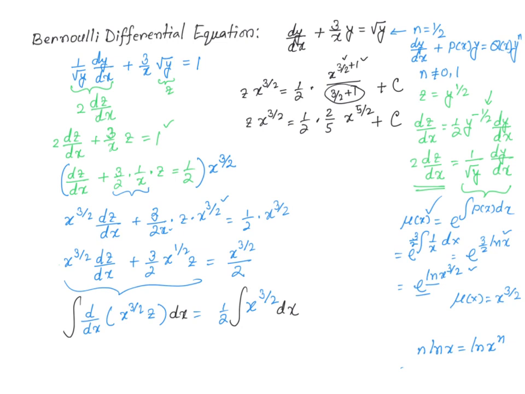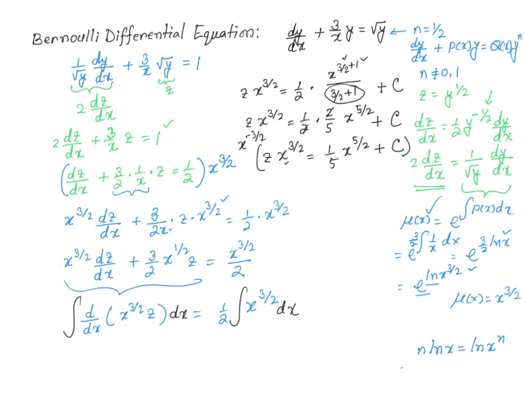So that's going to give me z times x to the power 3 over 2 is equal to, these 2 and 2 cancel out, that's going to give me 1/5 times x to the power 5 over 2, plus some constant c. Now if I multiply both sides of this equation by x to the power -3 over 2, why am I doing it?